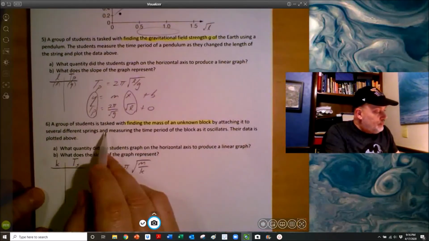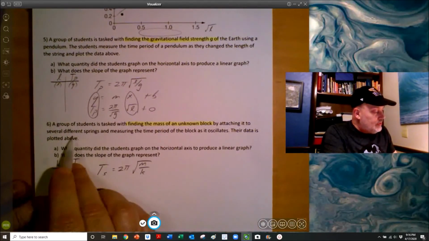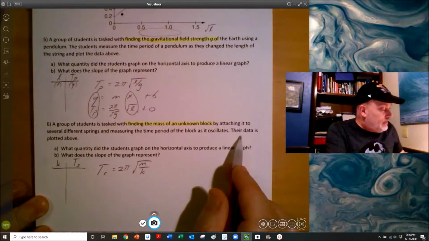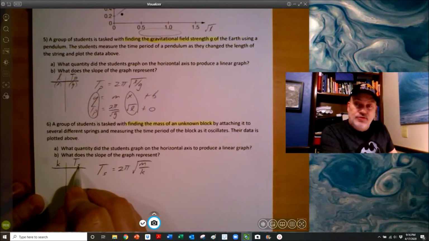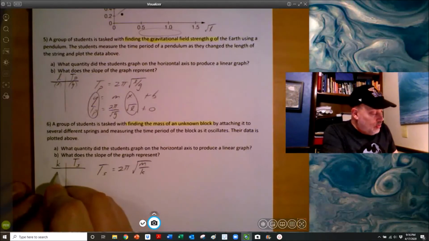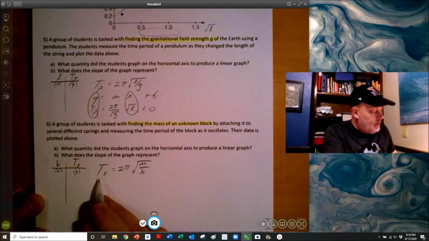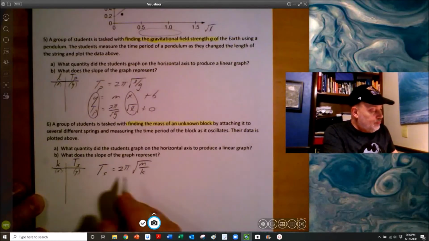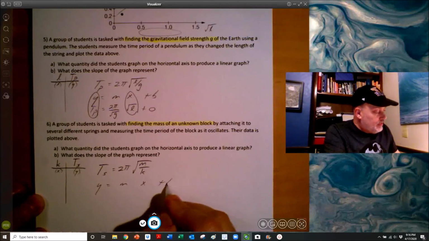It says a group of students are tasked with finding the mass of an unknown block, and they attach it to several different springs and measure the time period of the block as it oscillates. So they're changing k, and they're measuring the spring time period. So this would go on our x-axis, this would go on our y-axis. But again, we have a nonlinear equation for a spring, so let's put it in y equals mx plus b.